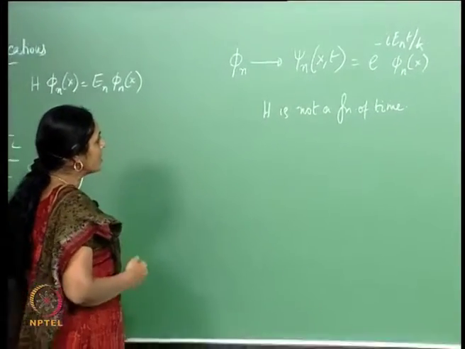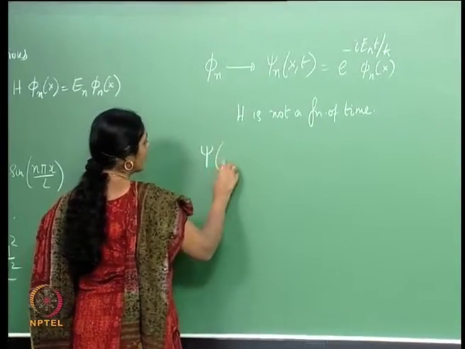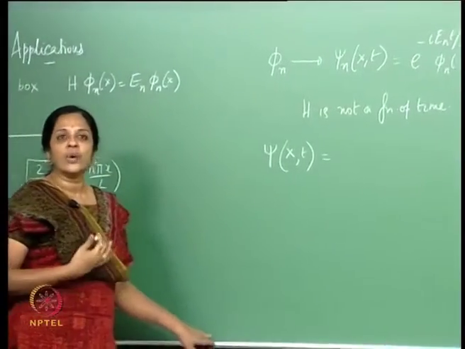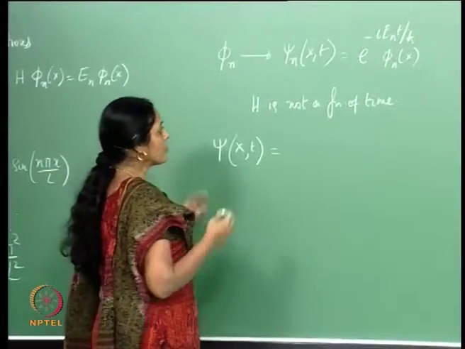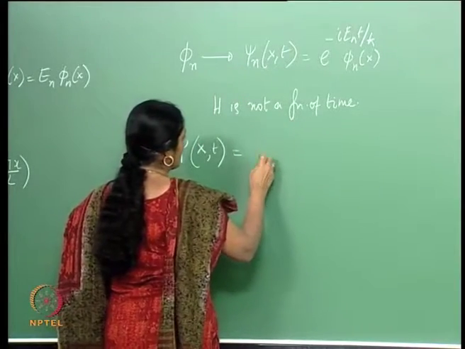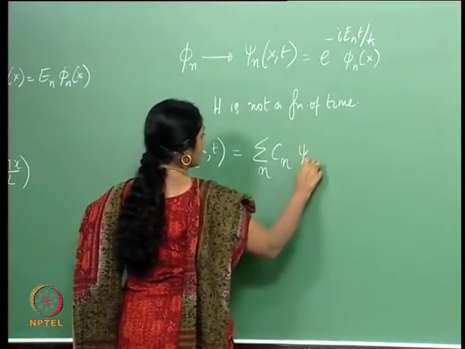So, now we ask the question: what about an arbitrary state psi of x, t? How do I write it in terms of the basis states? Well, psi of x, t can always be written as a summation over n of C sub n psi n of x, t.